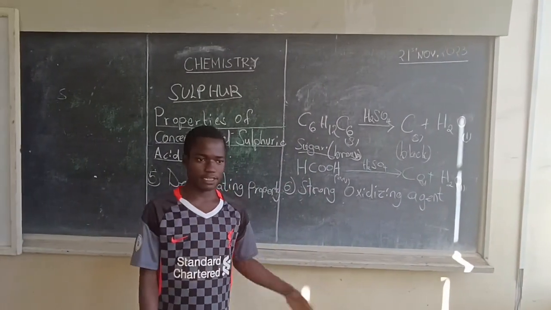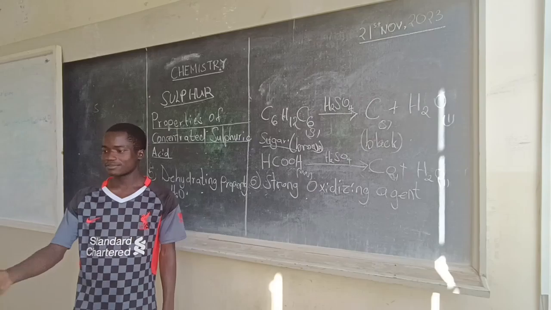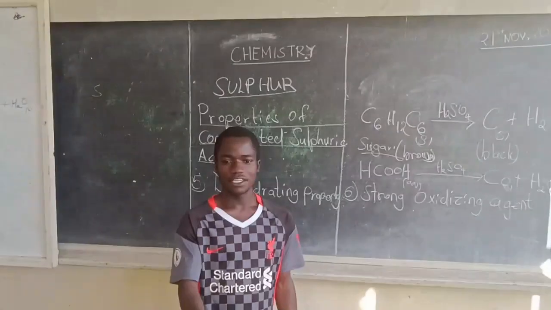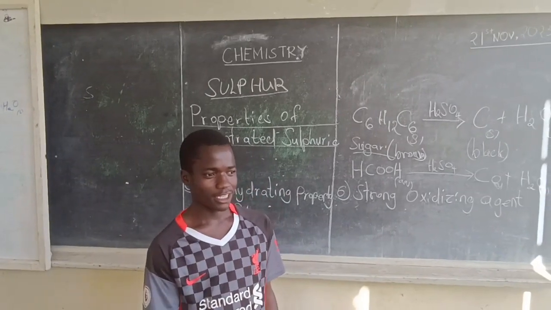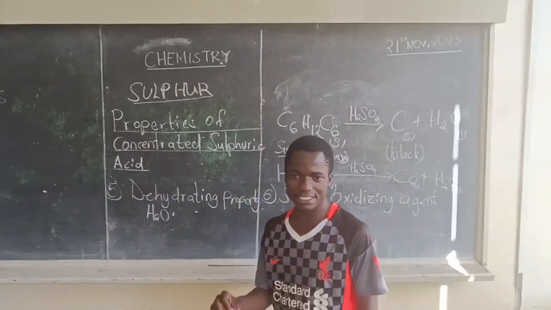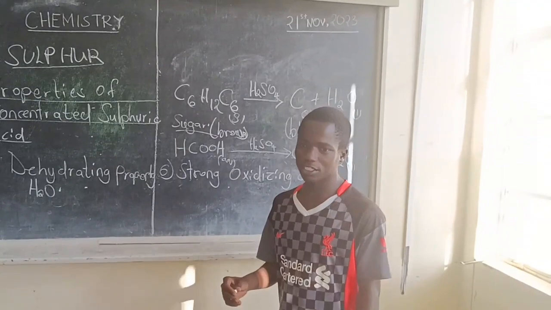Now, what do I mean by this? Yes, Macaulay? What I understand from strong oxidizing agent is that the acid is able to react with the least reactive metals in the reactivity series. Very good, Macaulay.